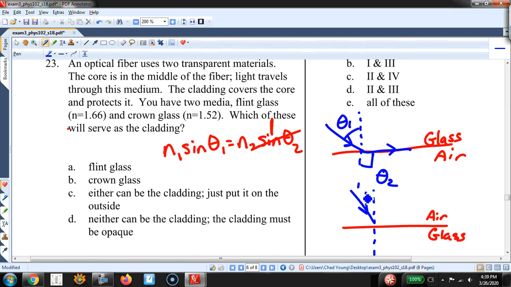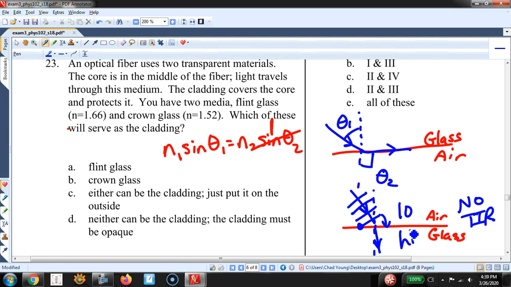But think about here, my wave front comes along, it slows down, so this is going to bend towards the normal. That means I can never get any total internal reflection in this scenario moving from a low index to a high index, just because the light ray is bending the wrong direction. It's bending towards the normal instead of away from the normal.